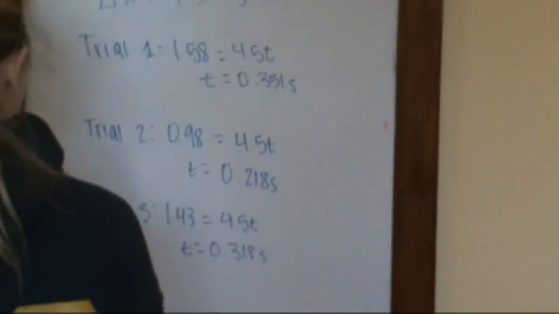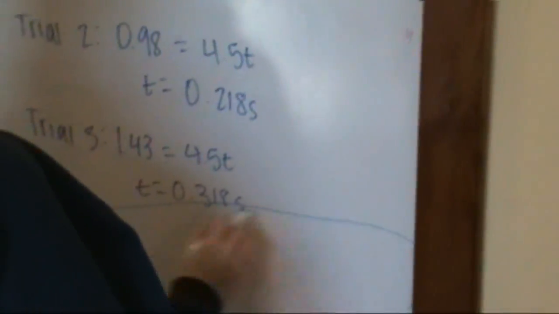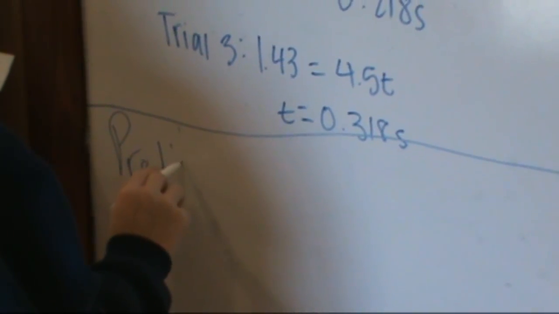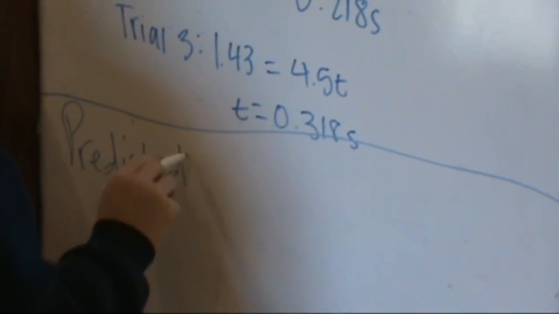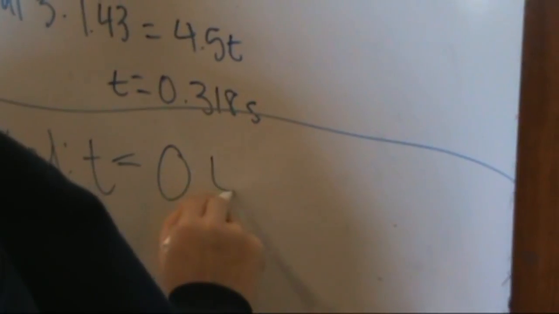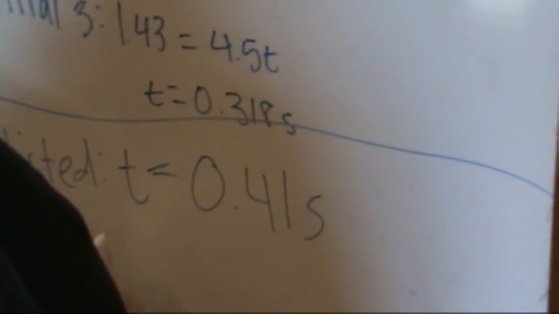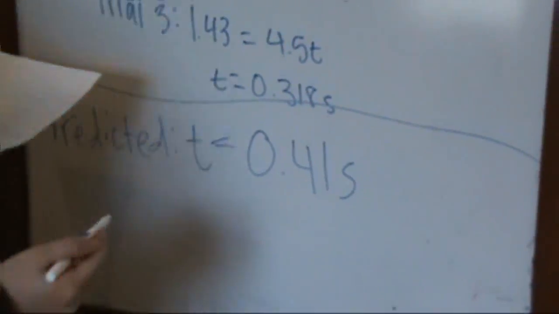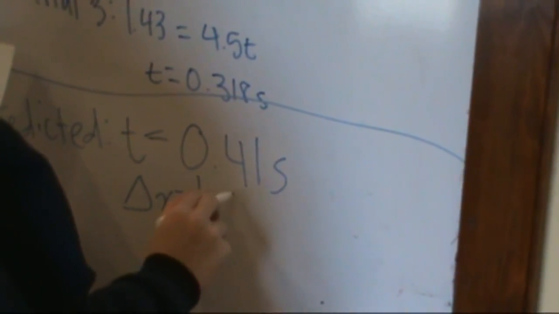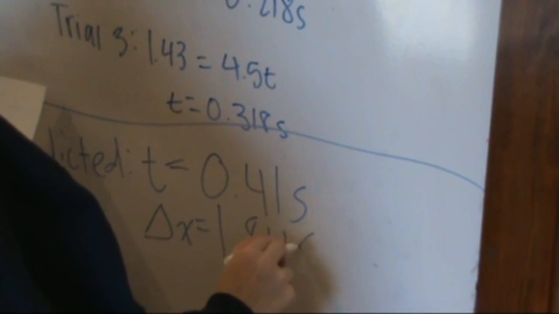So now we're just going to compare our predicted values with the actual values. Our predicted time for the baby's descent was 0.41 seconds, and the predicted horizontal range was 1.845 meters.